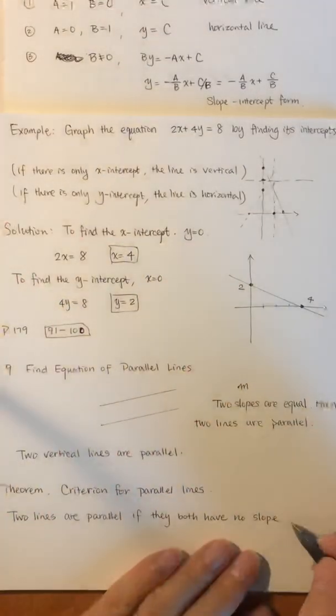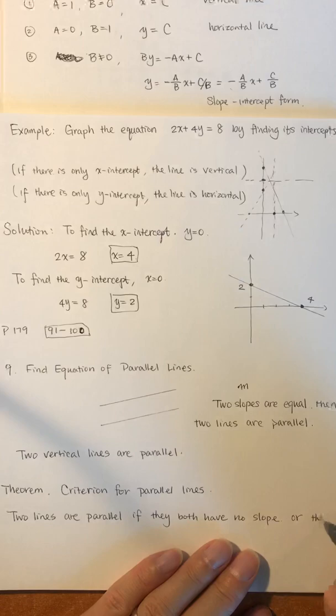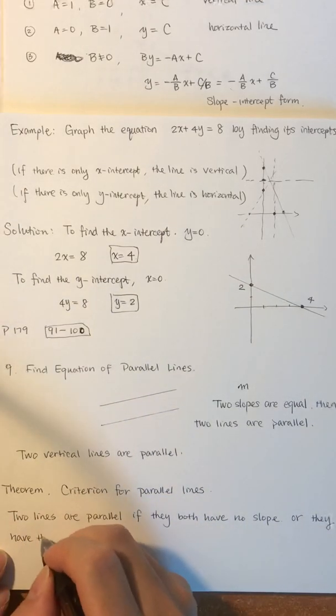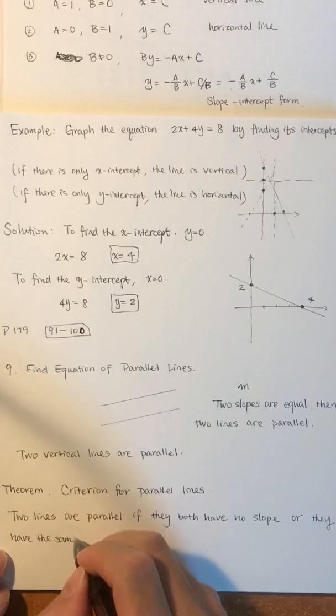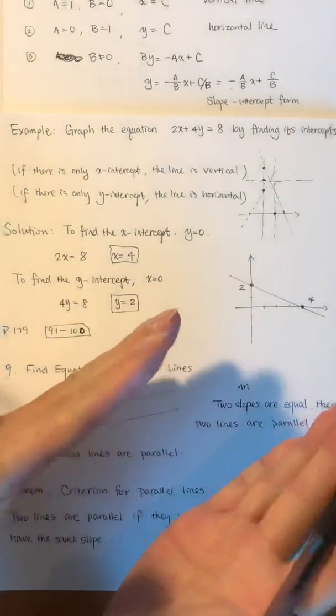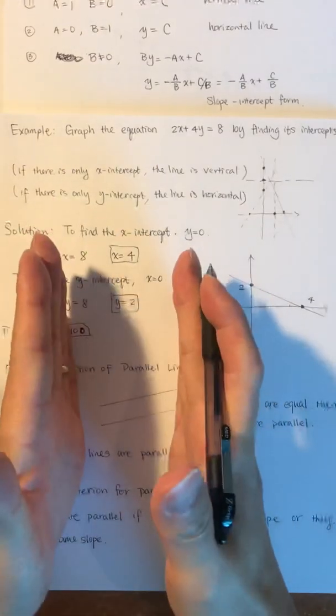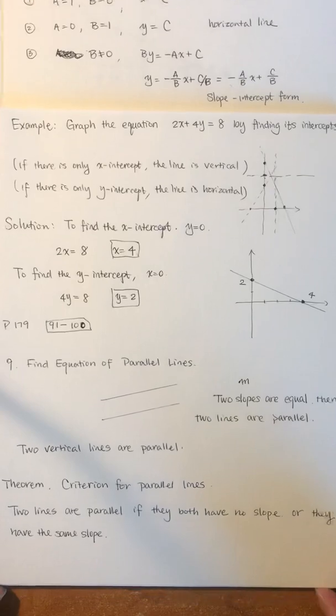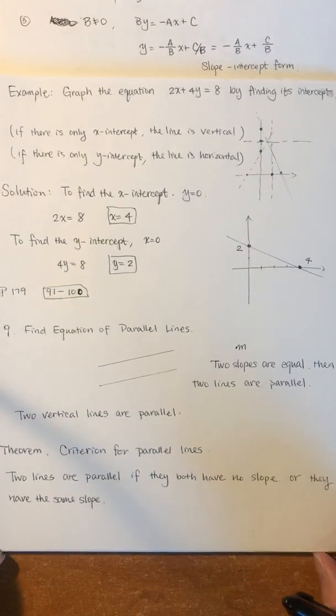This is one case. Or they have the same slope. So either they have the same slope, or they both have no slope. This is the rule to determine whether two lines are parallel or not.